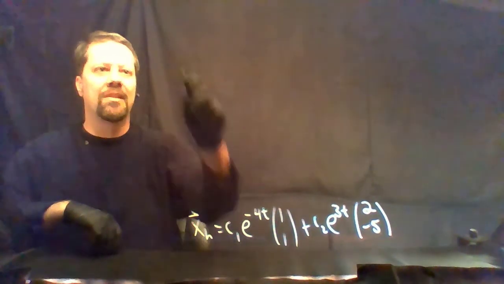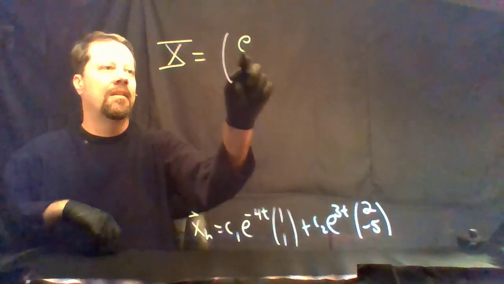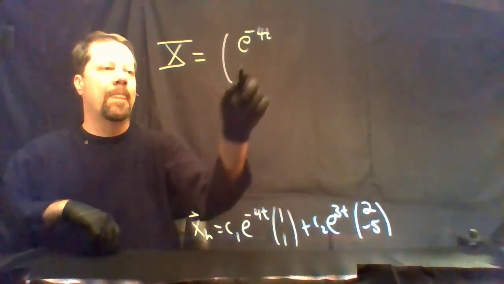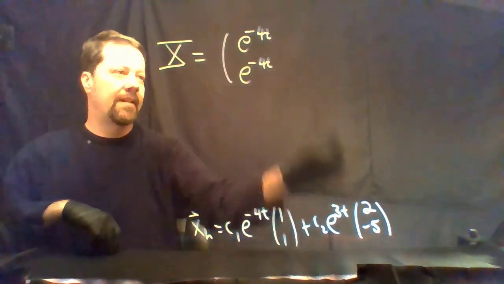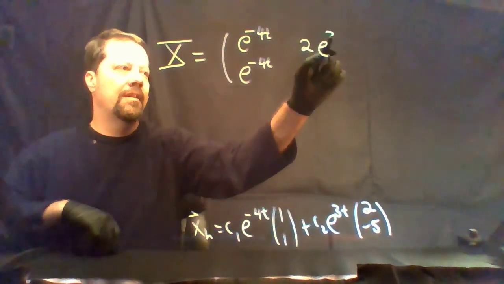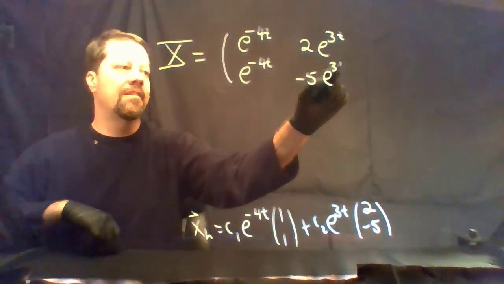Given our homogeneous solution, we write down the fundamental matrix: e to the minus 4t, e to the minus 4t, and then 2 e to the 3t, negative 5 e to the 3t.